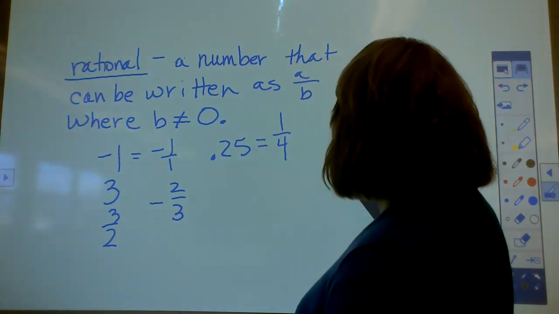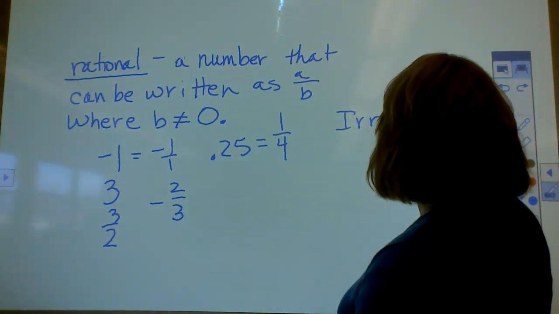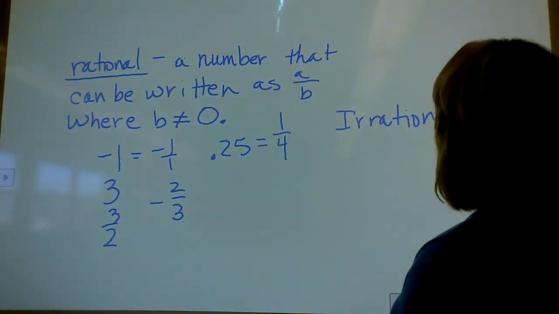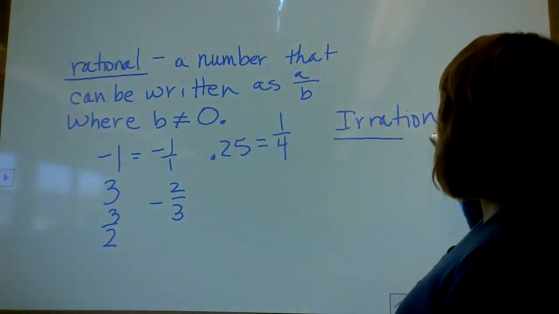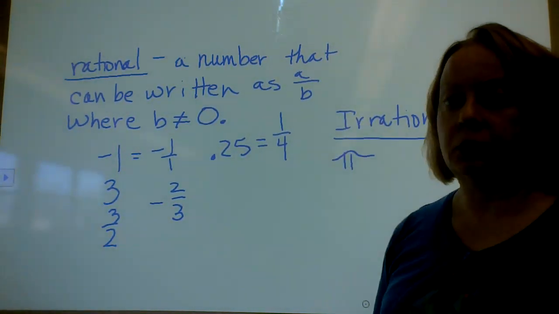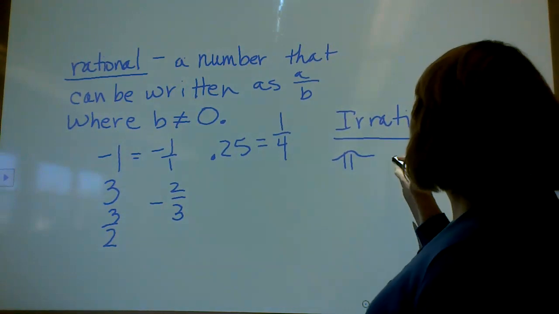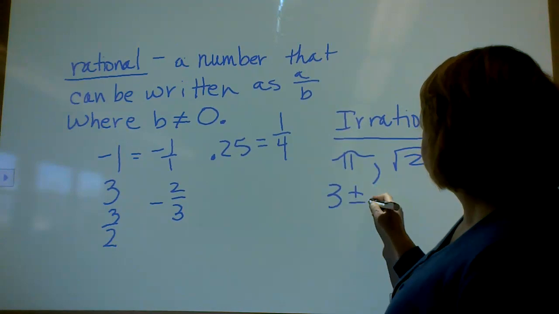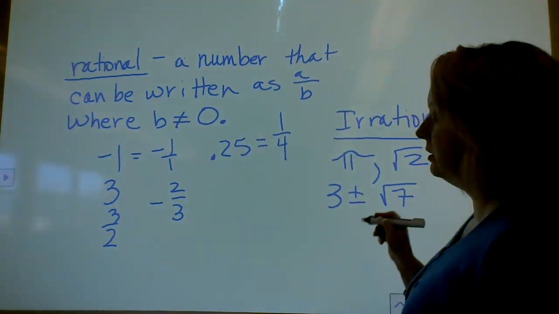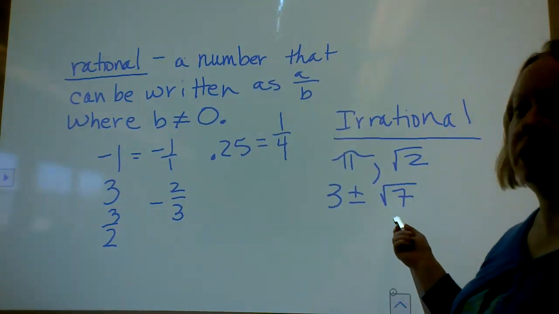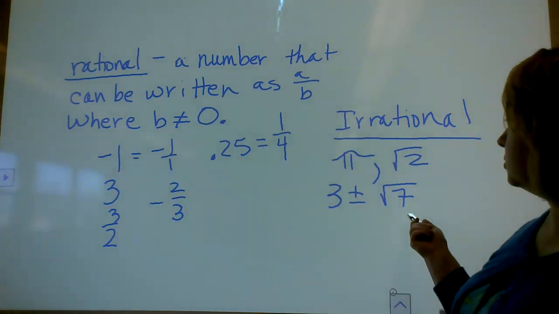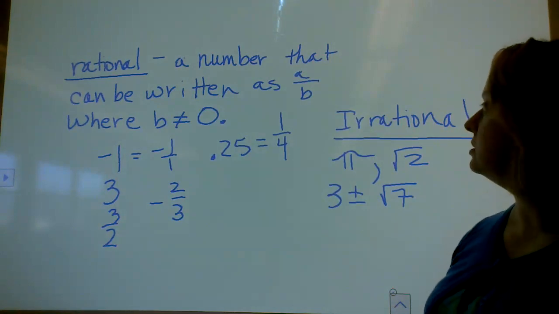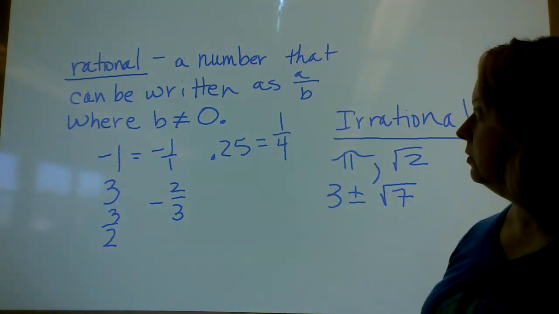So irrational would be like the number pi, or the square root of 2, or 3 plus or minus the square root of 7. Anything that has a square root that doesn't come out exactly. There's no way we can write this number as a fraction. So that's just a little review of what rational means.